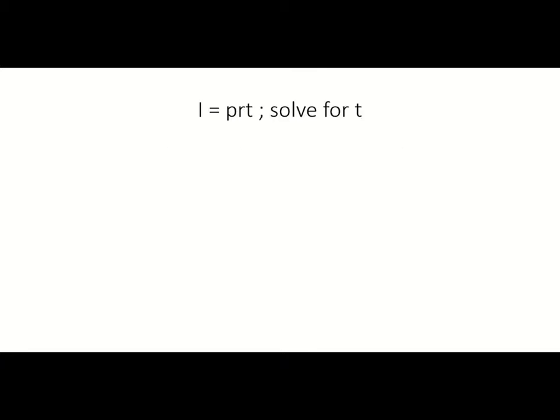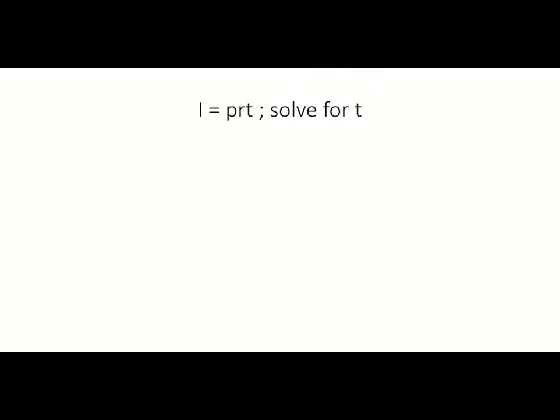So our first example, we have the equation I equals PRT, and we want to solve this equation for t. The reason that we need to work with literal equations like this is because these are equations that can be used for real-life situations.